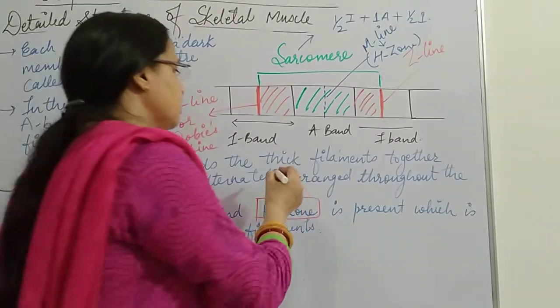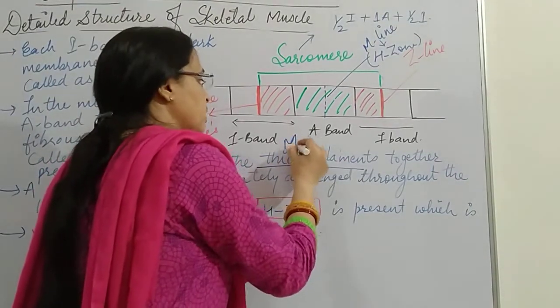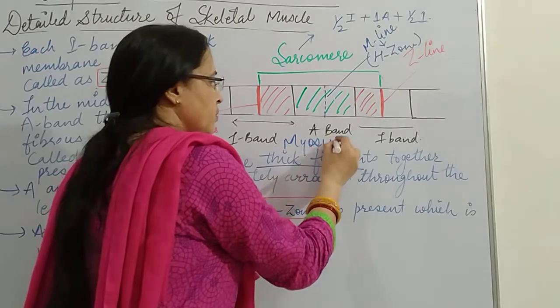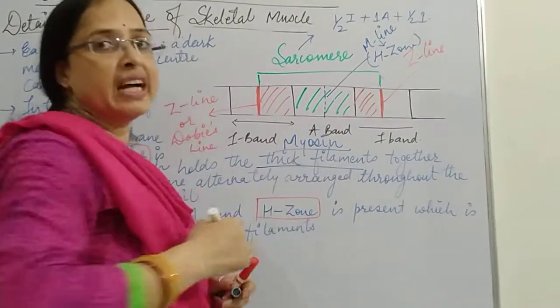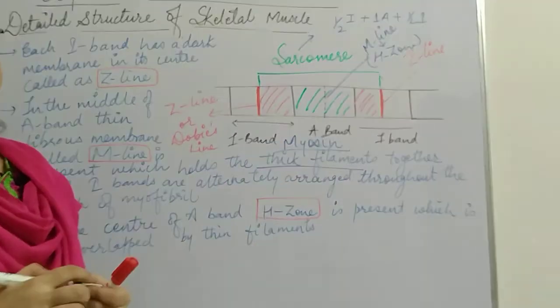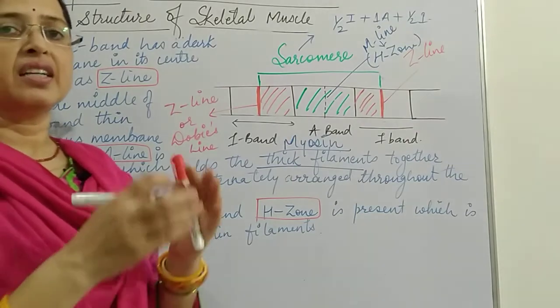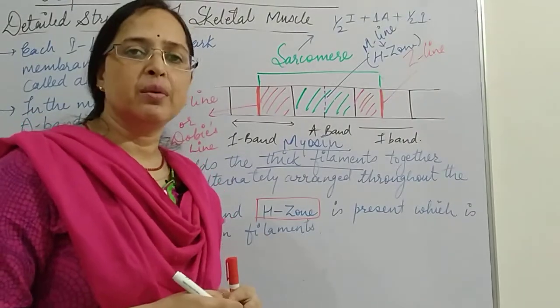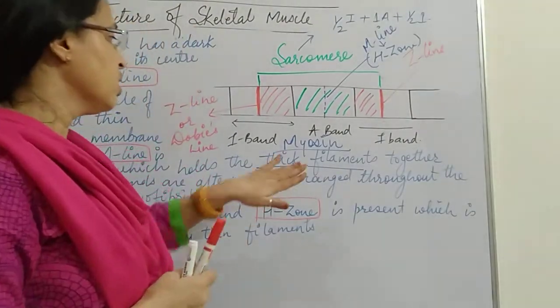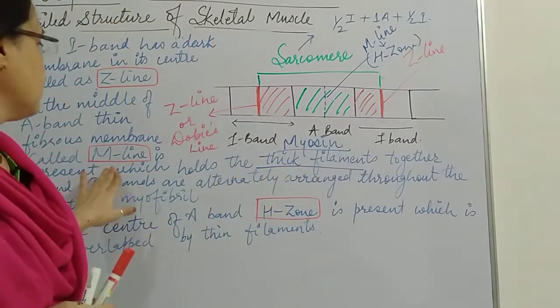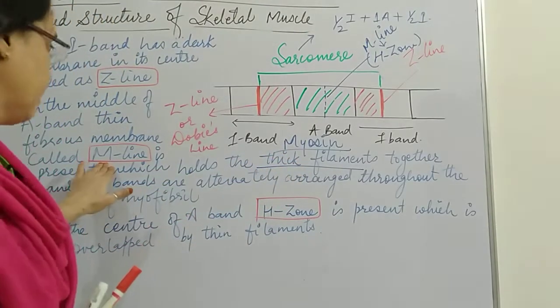Thick filaments are myosin filaments. As I told you, thin filaments are called actin filaments. Actin filaments are thin and myosin filaments are thick. So these myosin filaments are held by the M line.